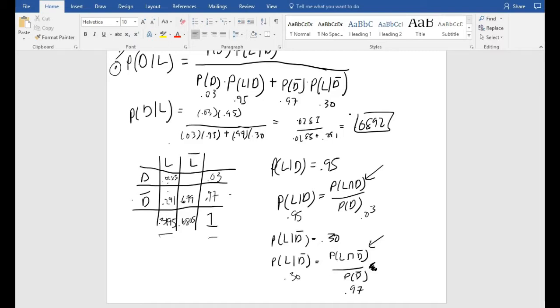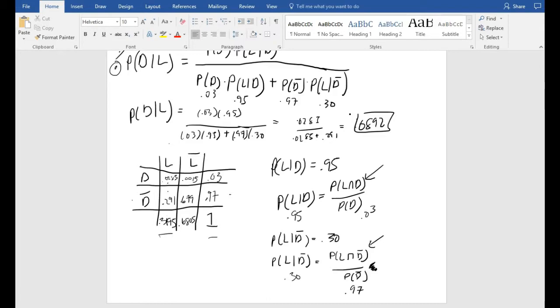Then we can do it either way. We can say 0.03 minus this 0.0285 for that, or we can say 0.6805 minus this 0.679, and it's going to give us the same thing either way, which is 0.0015. And that's that. So now we've solved the whole contingency table.